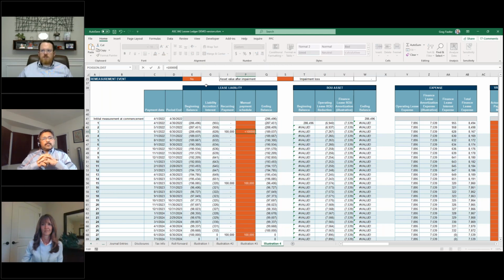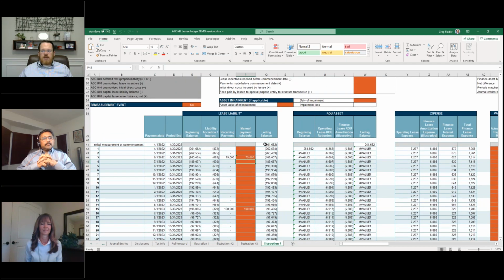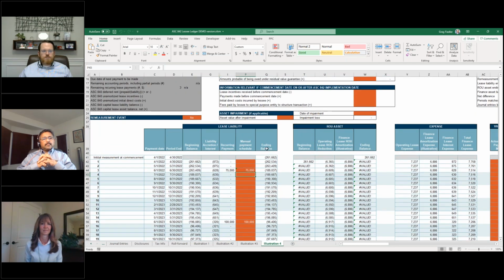So those lease incentives are treated then as a reduction of your lease payments for calculating your lease liability. So I'm going to enter that as a reduction here in this cell so that we have a net payment of $75,000, which results in the calculation of the lease liability.